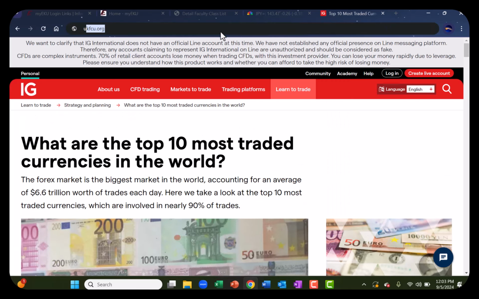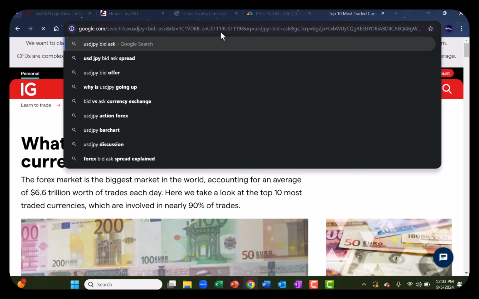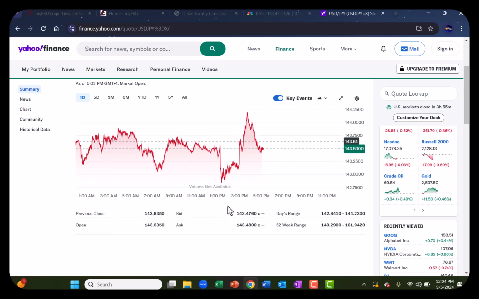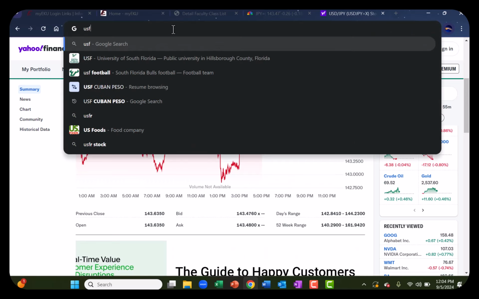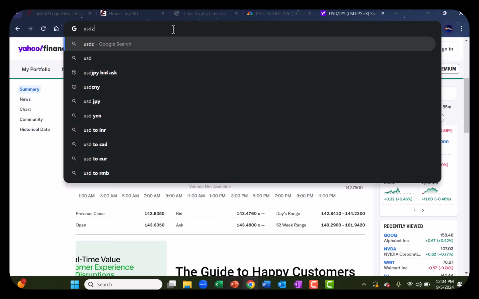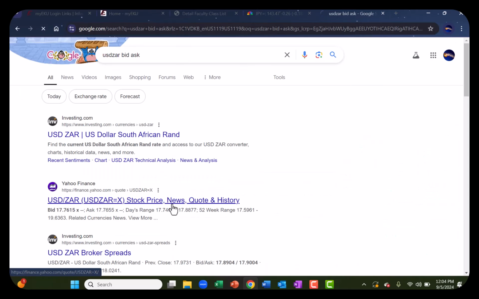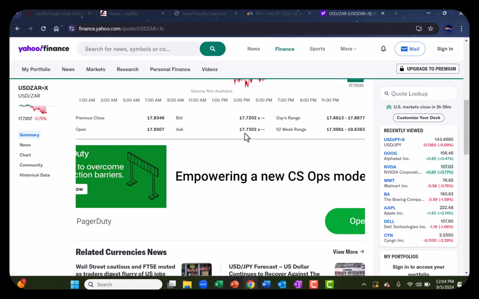Well, let's look at this. USD JPY bid ask. Look at the current bid and ask: 143.47, 48. That's pretty close. Let's do USD ZAR: 17.72, 73.